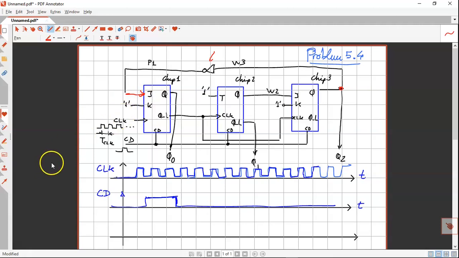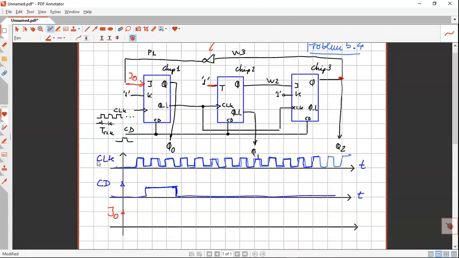So here, naturally, you have to have the J in time, because this one is going to go switching, J0 if you like. Then this one is going to be sampled all the time to be 1. So if you like to represent it, it is okay, but it's not that necessary.